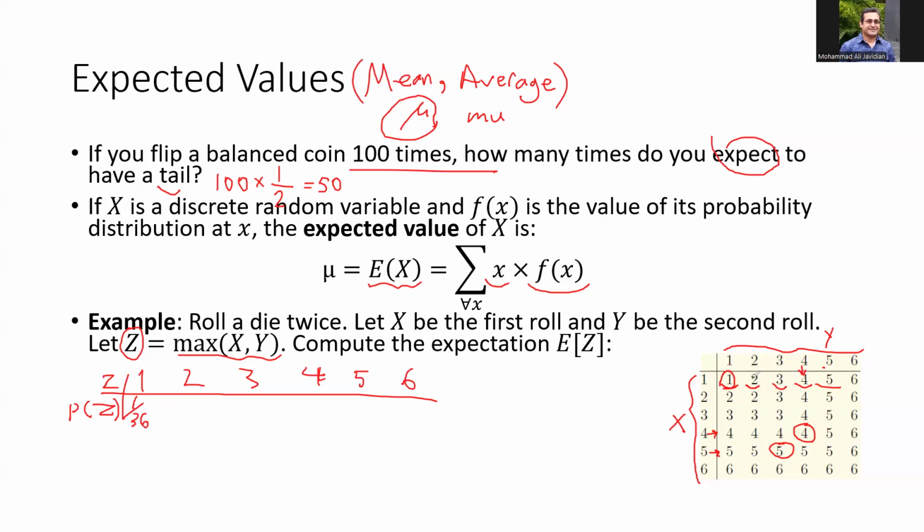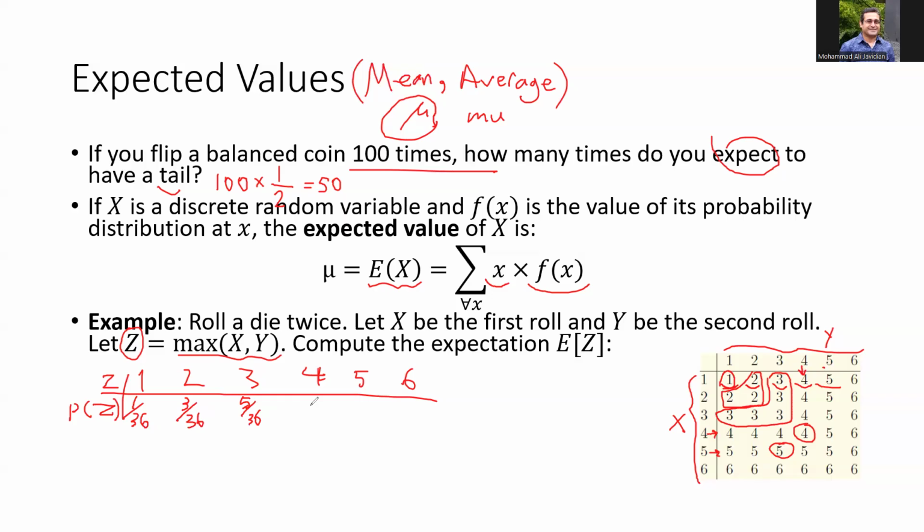How many times do we have 2 as the maximum value of x and y? 3 times. So 3 over 36. How many times do we have 3? You see that we have 5 cases where the maximum number is 3.